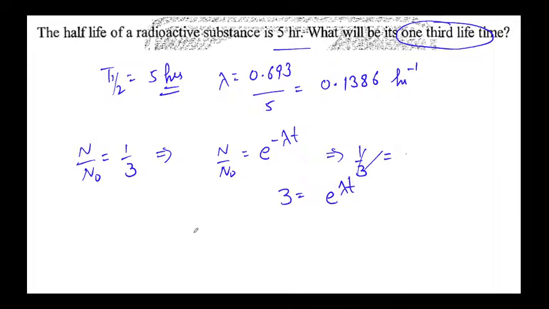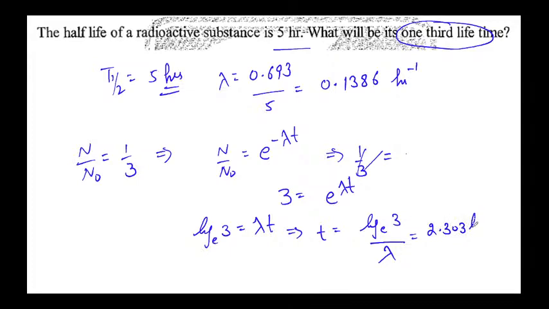So log of 3 is equal to lambda t, and from this t is log of 3 over lambda, that is 2.303 log of 3 over 0.1386, which comes out to be 7.93 hours.